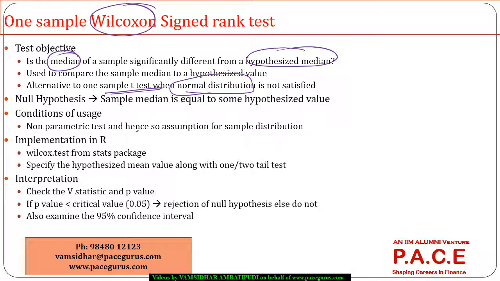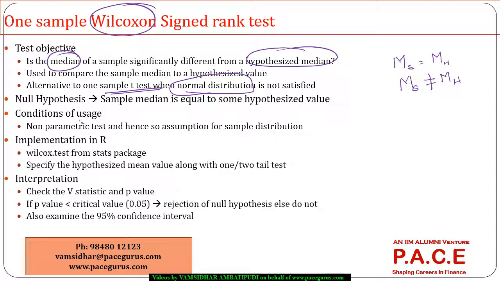Instead of comparing the mean with a hypothesized mean, it will compare the sample median with a hypothesized median. So again, the null hypothesis says that the median of the sample is equal to some hypothesized value. Whereas when I'm going with the two-sided test, I can take the alternate hypothesis that the median of the sample is not equal to the hypothesized value, either greater than or lesser than it.